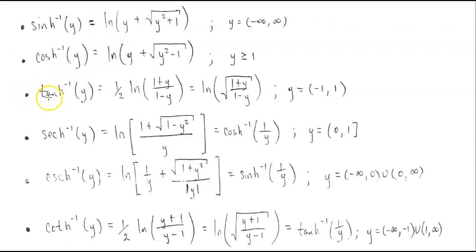If we look here, we see that the logarithmic equivalent of the inverse of tangent hyperbolic is just going to be this particular formula here. I'm going to use the formula with the 1/2 on the outside just because it seems a little easier for me to do here. But if necessary, I'll go ahead and put the 1/2 back in there.